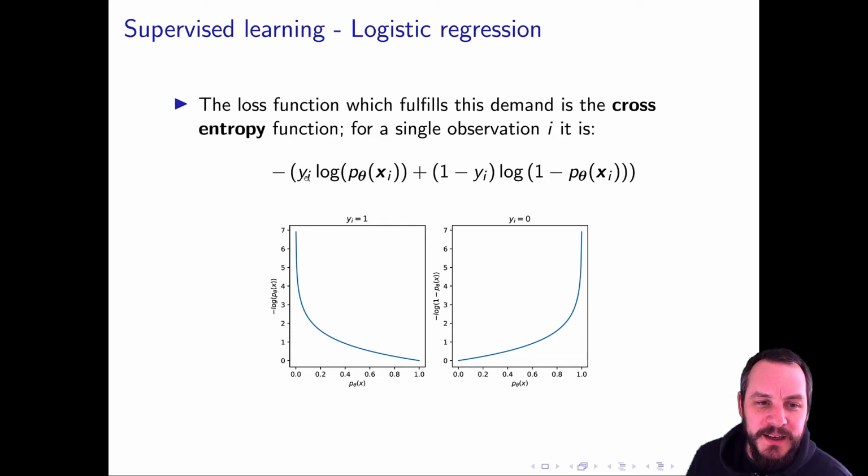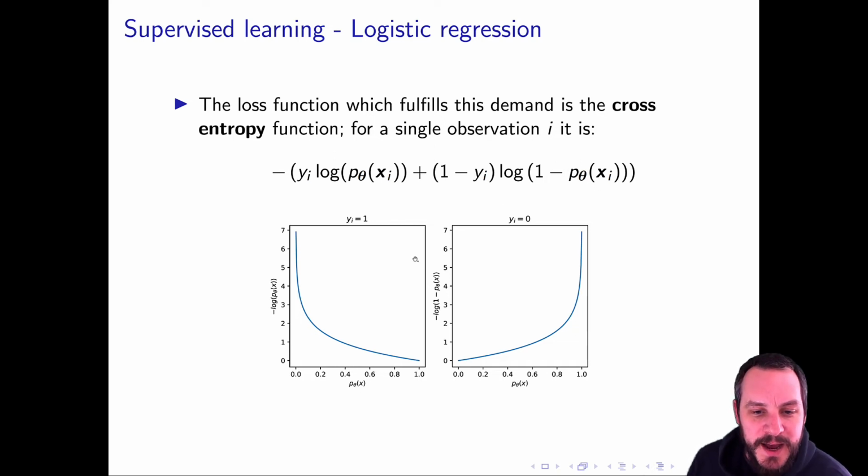If we have an observation which is actually category 1, then this overall expression is reduced to minus log of the probability prediction for being category 1. If we have category 0, then it is reduced to minus log of 1 minus p, so minus log of the probability for being category 0.